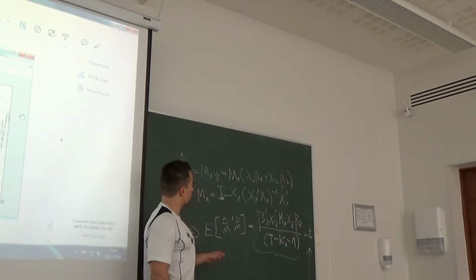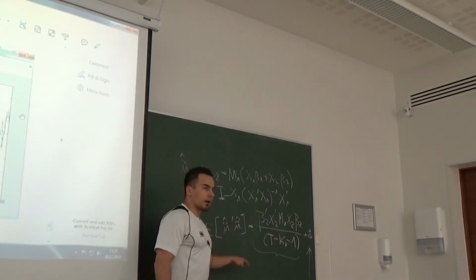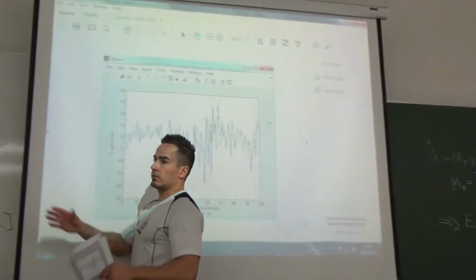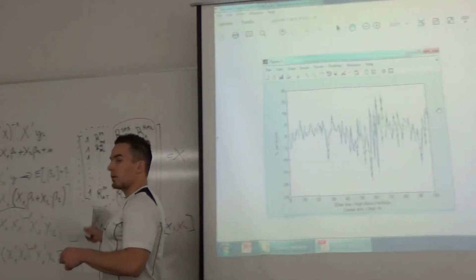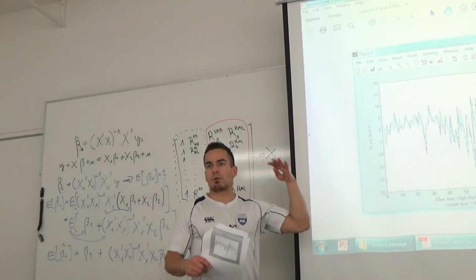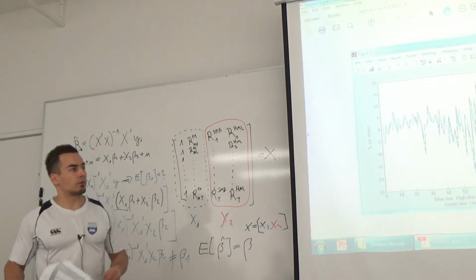And for that purpose, we need, among others, the residual variance and the covariance matrix of our parameter estimates. So once we know what's going on here, we can easily put it into Matlab, and we can do it for as many assets as you would like to.